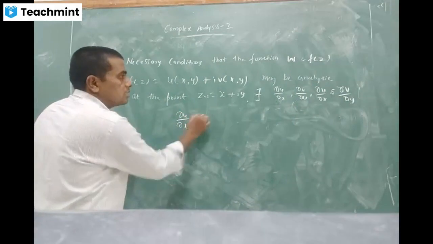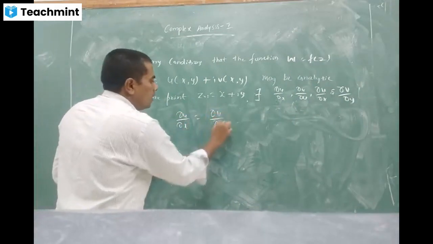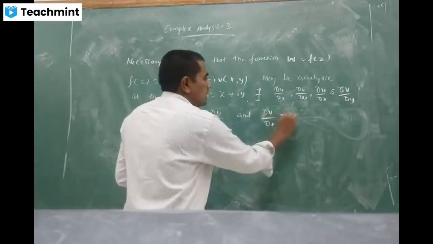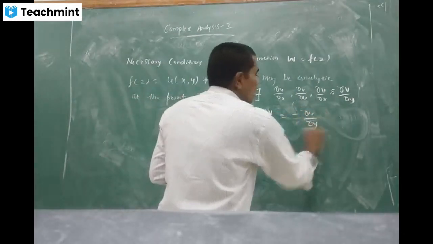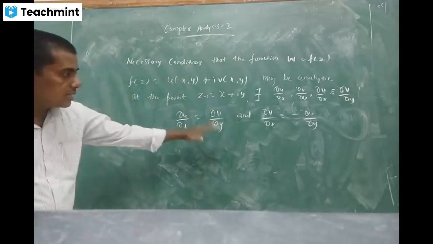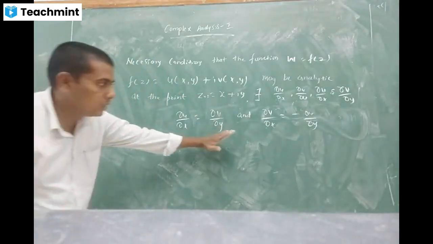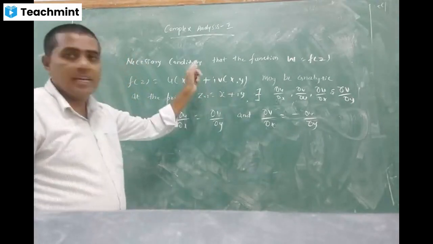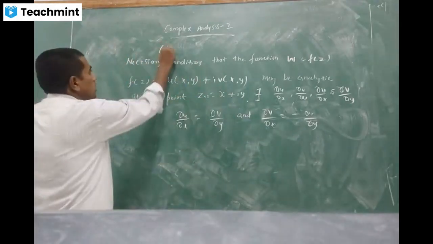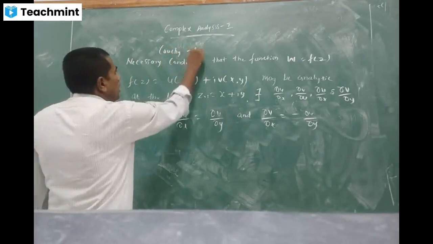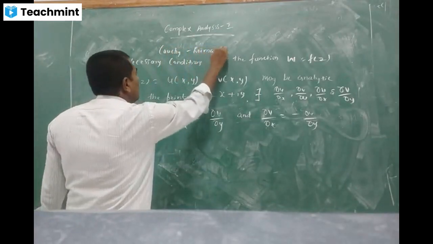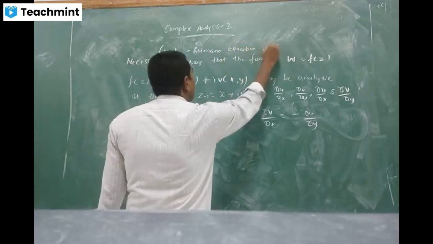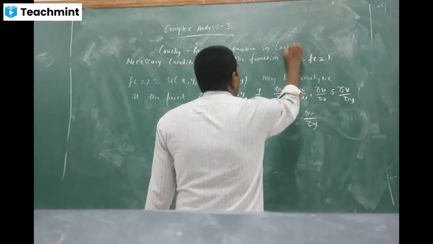Dou u by dou x is equal to dou v by dou y and dou v by dou x is equal to minus dou u by dou y. If it satisfies this condition, then the function is said to be analytic, and this is nothing but the CR equation, or the Cauchy-Riemann equation in Cartesian form.